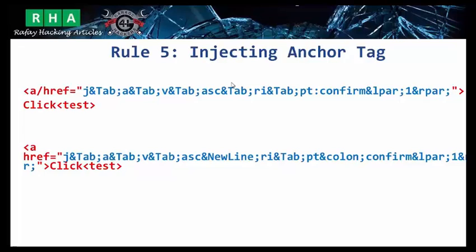So this is where we are using the HTML entity tab, ampersand tab, followed by a semicolon, and then we are injecting confirm, because alert is most probably blocked by many XSS filters, followed by lpar, which is the HTML entity equivalent for left parenthesis, and this is right parenthesis, right? And this is where we are injecting other characters, HTML entities such as new line. So this is all completely valid in the context of where an input is being reflected in the href attribute, or perhaps you are able to inject the href attribute and you are not able to inject the JavaScript keyword, right?